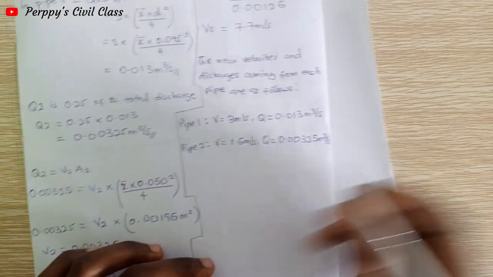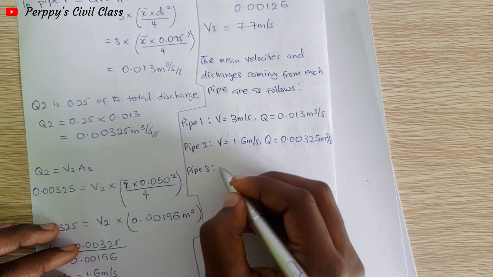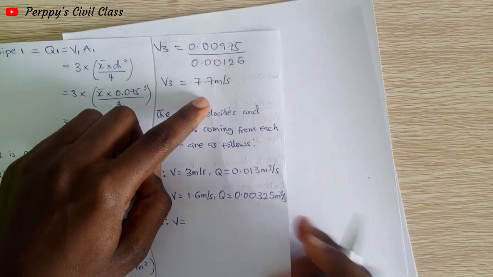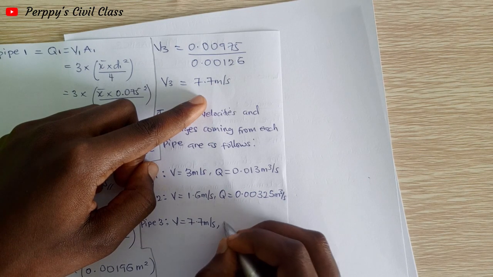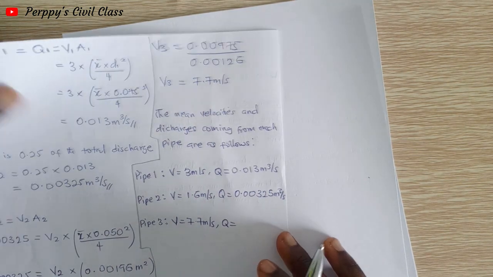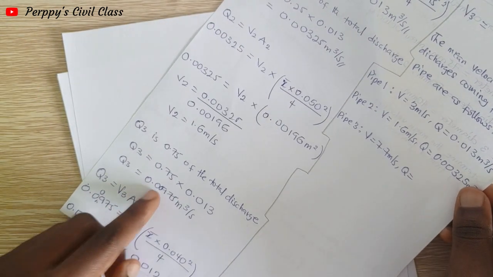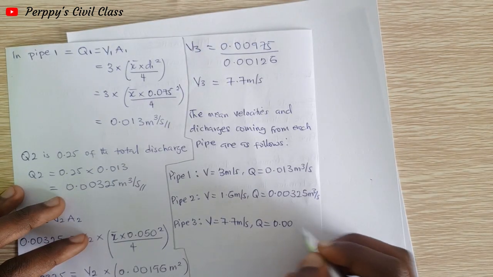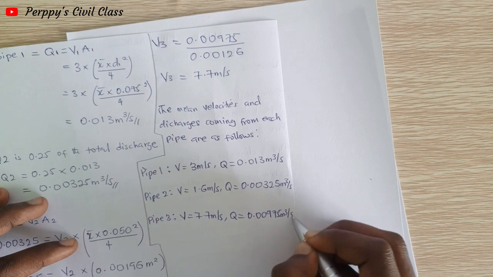Pipe 3: mean velocity of 7.7 meters per second and discharge Q3 of 0.00975 meter cube per second.